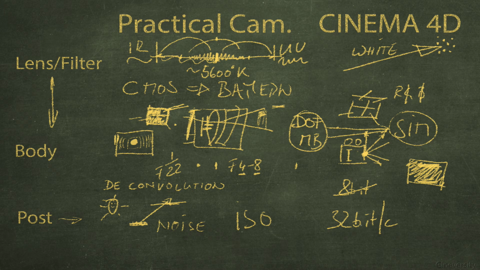We might run into GI or some simulation where we have to deal with noise, where the amount of rays that get shot into the space is limited. Then we have a similar problem, but with pure ray tracing, for example, and that is most likely what we want to do with camera projection. We don't have to deal with that, and we don't want to have noise on our images for that.